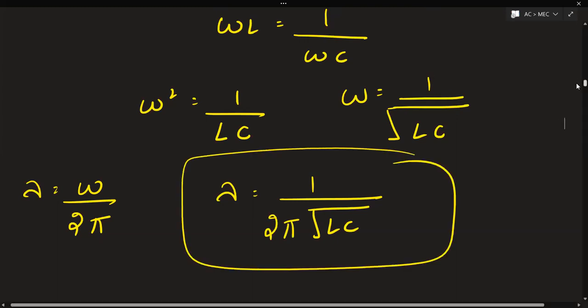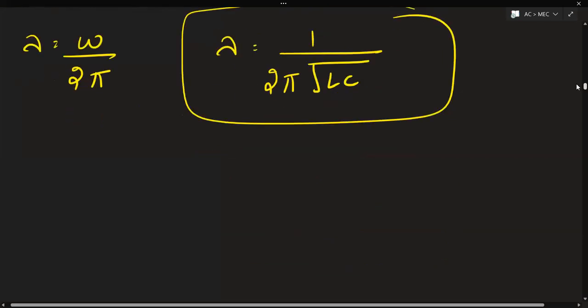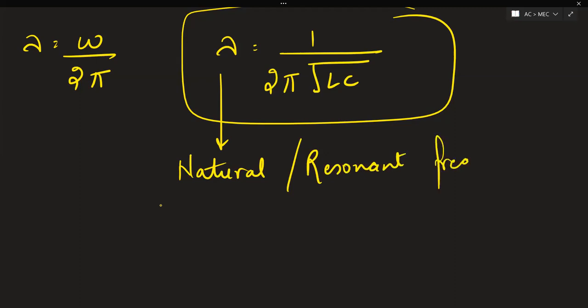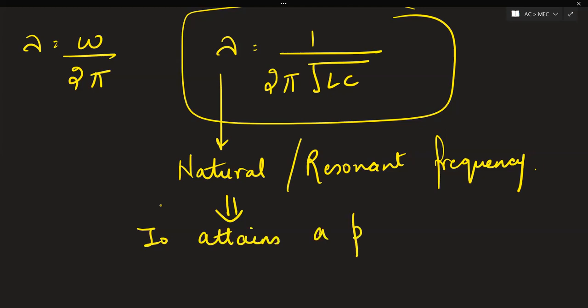This is known as the natural or the resonant frequency. This is the frequency where I naught attains a peak value, meaning the maximum value of current that you have.